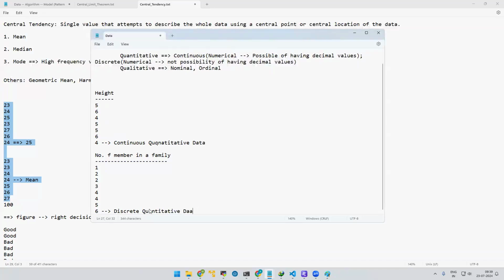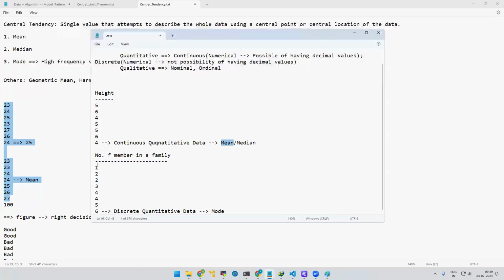What you have to apply is mode. Whereas for continuous data, you can apply mean or median. When the data has outliers, go with median. When it does not contain outliers, go with mean.